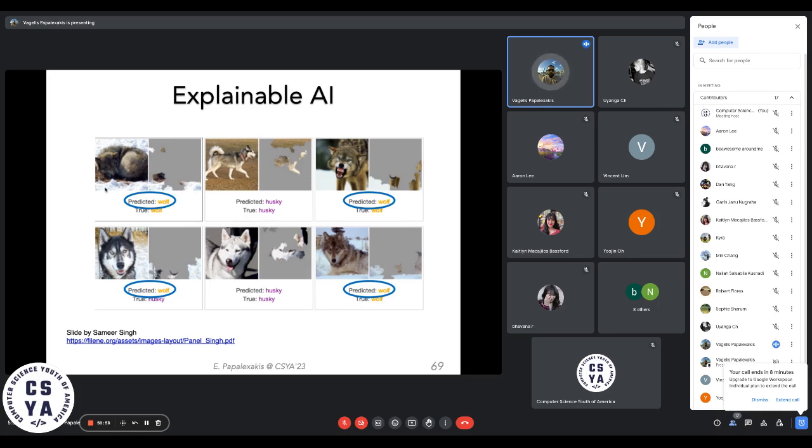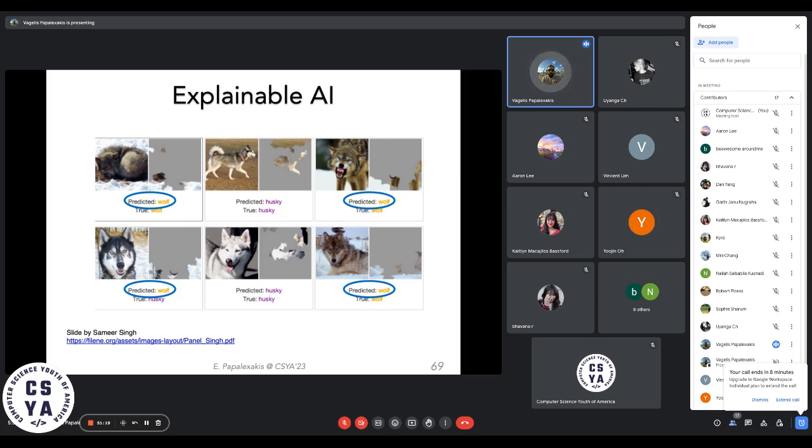And a really popular example by Samir from UC Irvine is the following. So let's say that you develop a tool that is able to tell you wolf versus husky, right? And it works perfectly. It works 100% of the time, right?